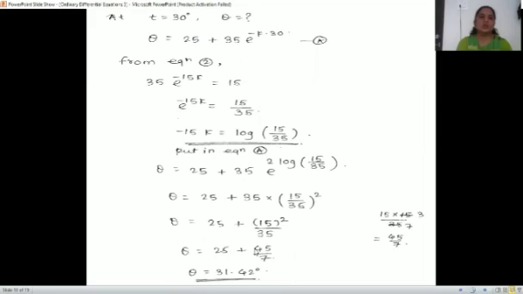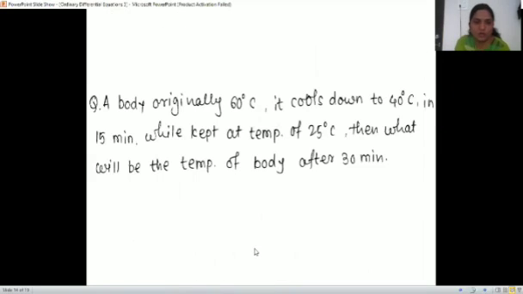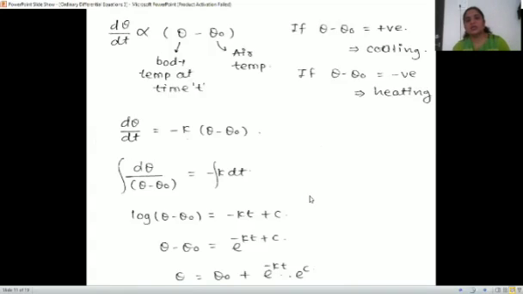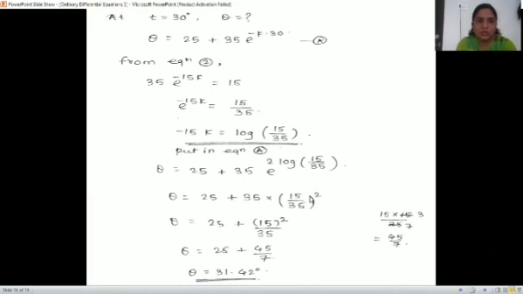Right. So the next question is, what will be the temperature of the body after 30 minutes? So now t will be 30 and it is theta temperature, right? So we have this equation with us where t is now 30. From equation 2, which equation?